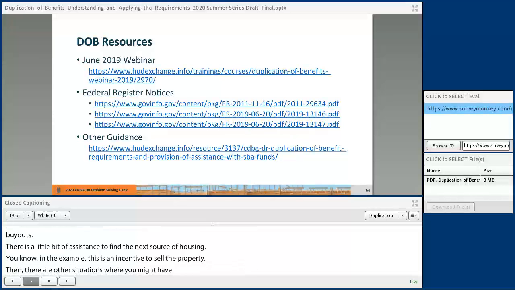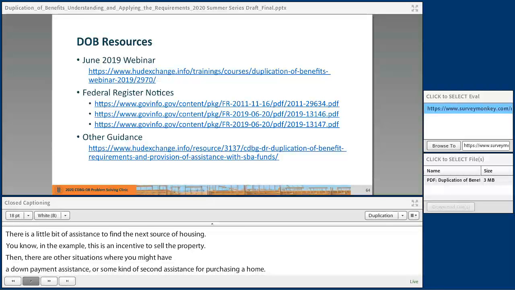And in those cases, the easiest way to think about the analysis is to break it down into two mini duplication of benefits analyses, because a buyout is actually a different purpose from an incentive, a housing incentive.